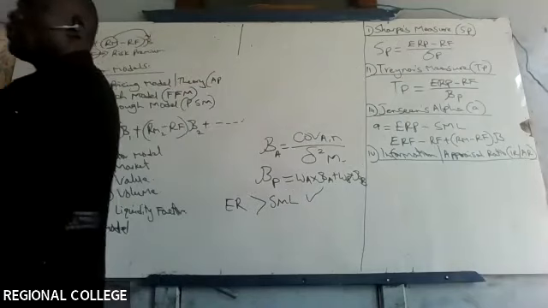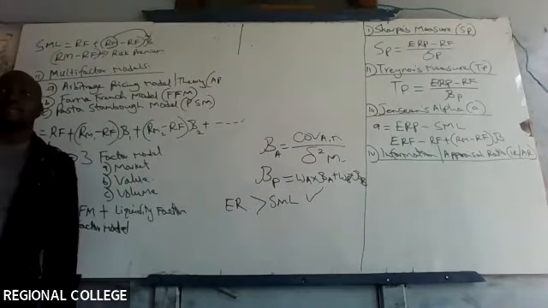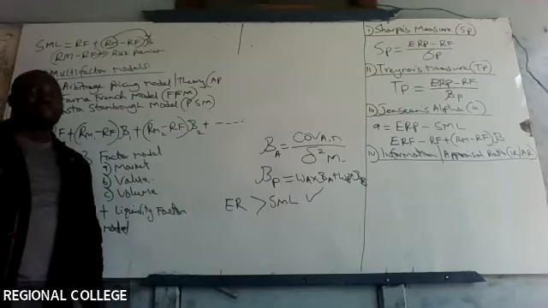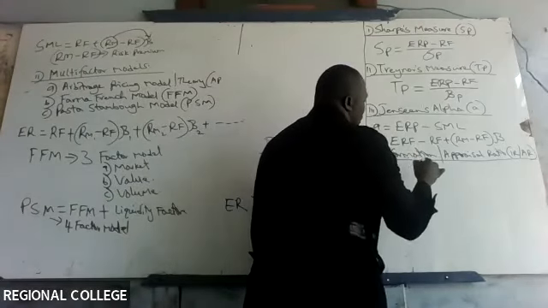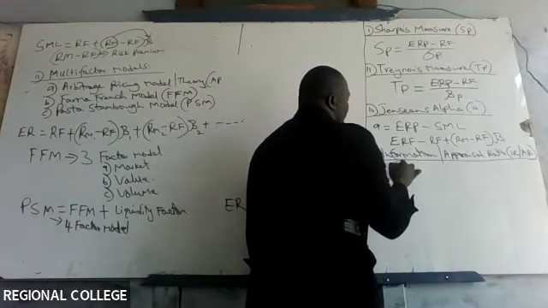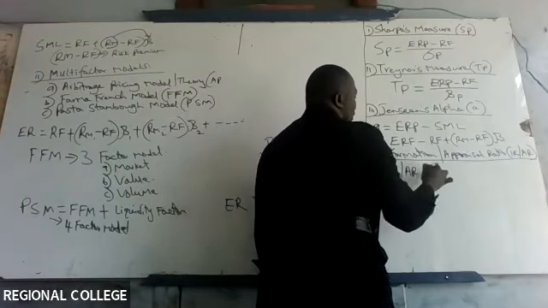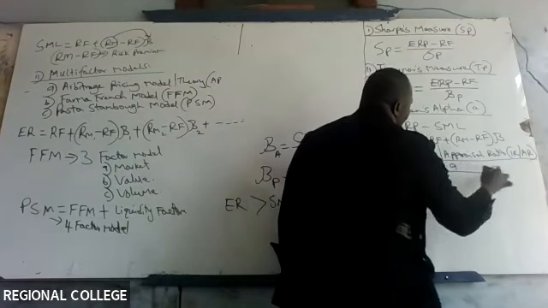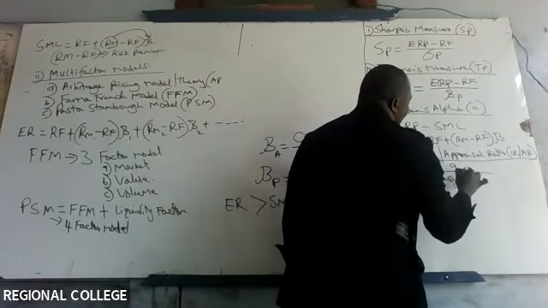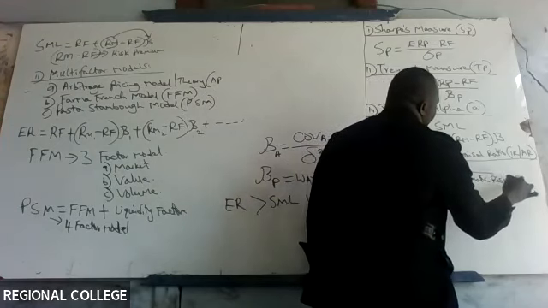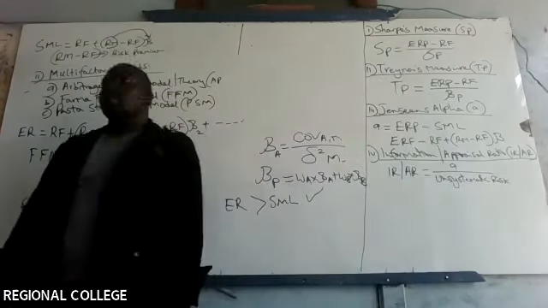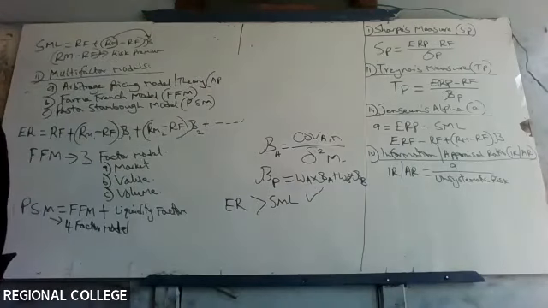I.e., information ratio, appraisal ratio equals alpha divided by unsystematic risk. Unsystematic risk he cannot calculate, we will be given that.